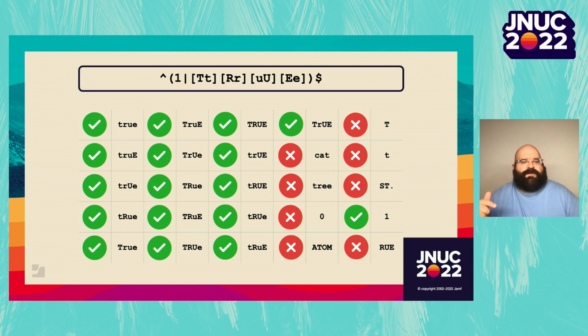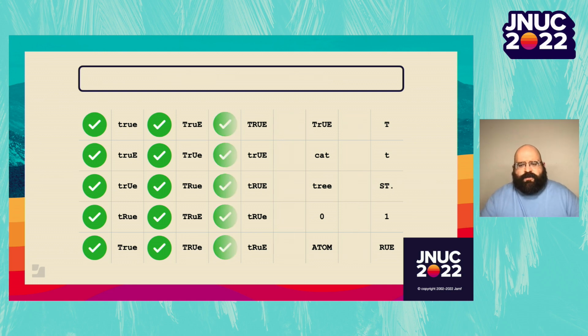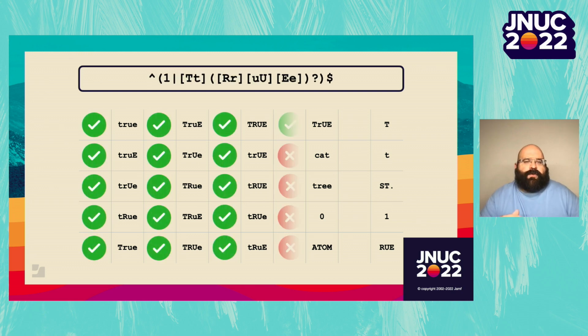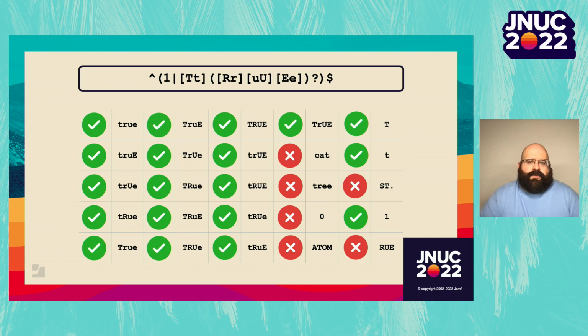To do that, I need to give you another special character, the question mark. And we're going to use the question mark to make a character optional. The easiest way to think about it is that a question mark allows for 0 or 1 of those particular items. So in this case, we're going to put a capture group, another set of parentheses, around R, U, and E. When we do that, we put a question mark after that, and it says R, U, and E are optional.